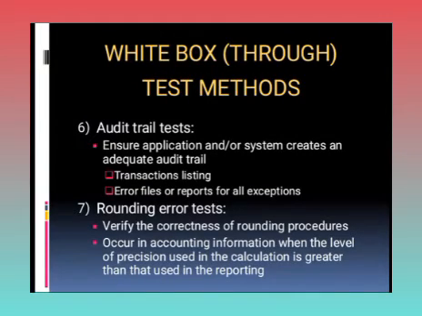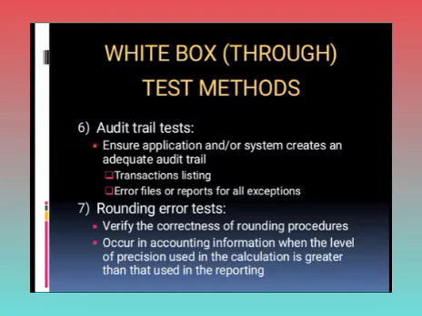Another test method is the audit trail tests, which ensure that the application creates an adequate audit trail. This includes evidence that the application records all transactions in a transaction log, posts data values to the appropriate accounts, produces complete transaction listings, and generates error files and reports for all exceptions.